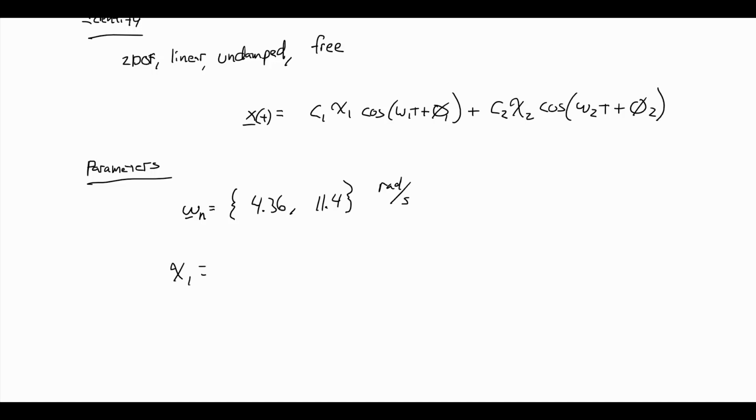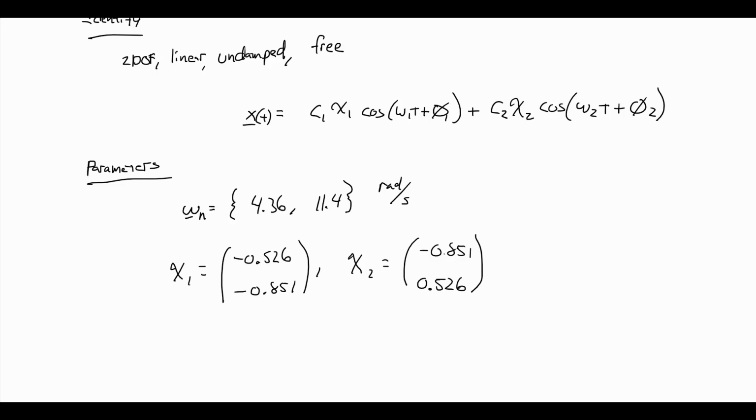Chi1 is going to be the vector negative 0.526, negative 0.851, and the second mode shape, Chi2, negative 0.851 and positive 0.526. I'm just copying them right as they came out of MATLAB.